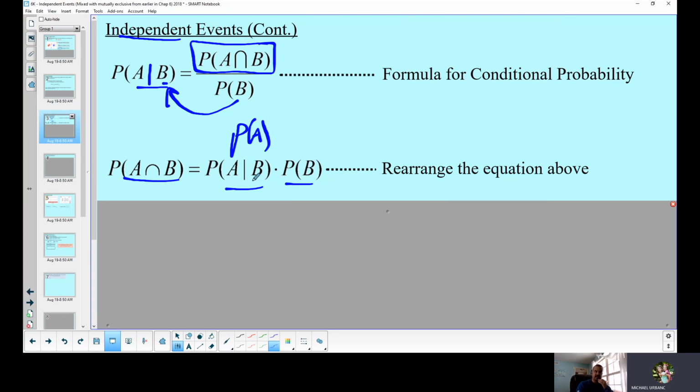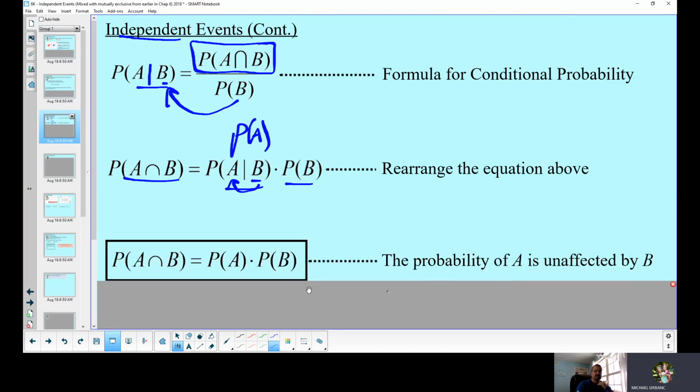If I give you B, and they're independent, B has no impact on A occurring. So we're simply going to write it as the probability of A. Now, again, this only works for independent events. So the probability of A given B, if they are independent, is just the probability of A, because B has no impact on A.